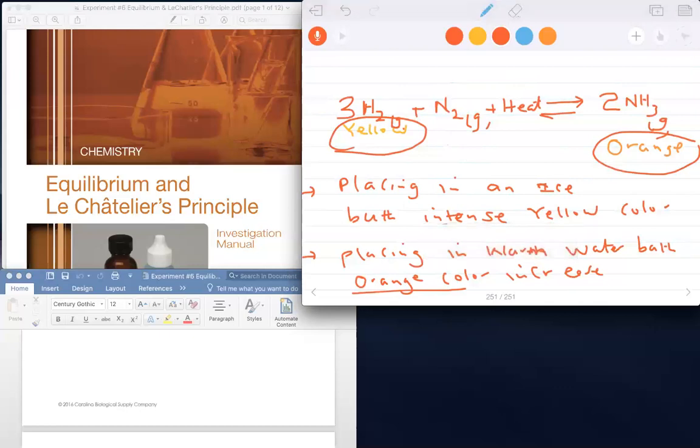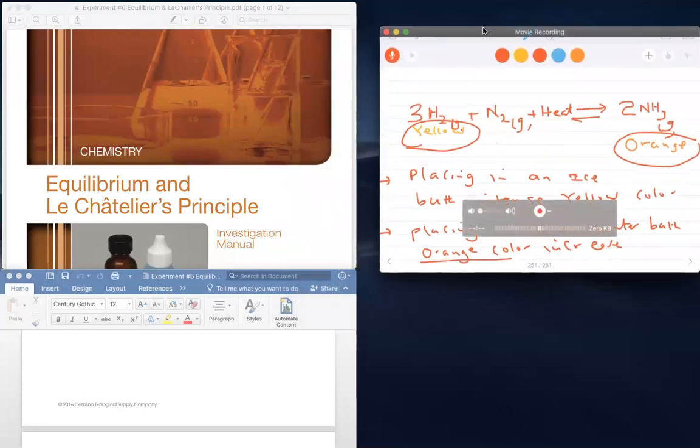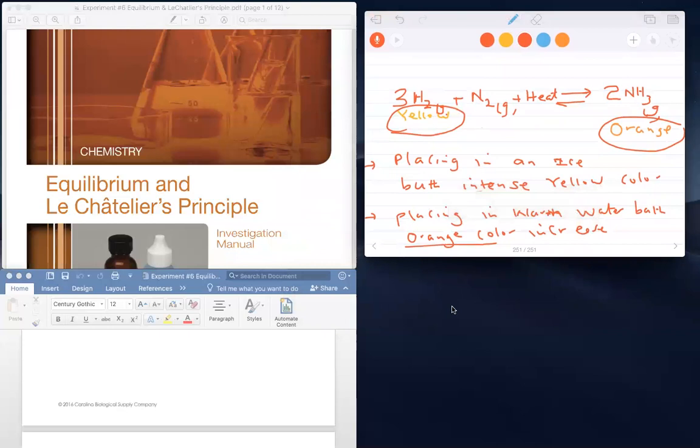In a similar fashion, in objective number 2 for today's lab, you should be able to determine which side of the thermochemical equation you should place the heat in order to make a conclusion.